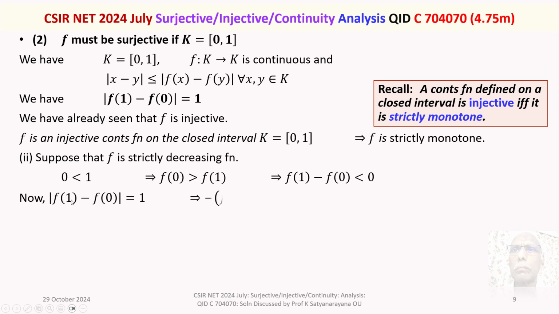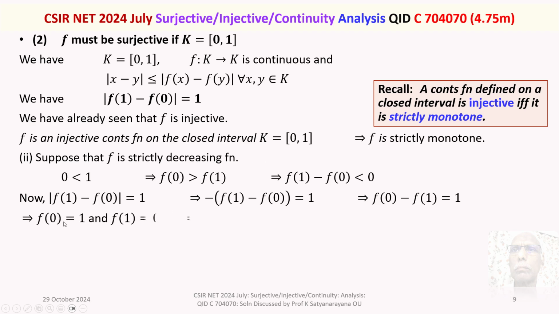So mod of f of 1 minus f of 0 is 1 will imply minus of f of 1 minus f of 0 is 1, because f of 1 minus f of 0 is negative. That means f of 0 minus f of 1 is 1, and it is strictly decreasing. So that means f of 0 is 1, then f of 1 is 0. That is why f of 0 is 1 and f of 1 is 0.